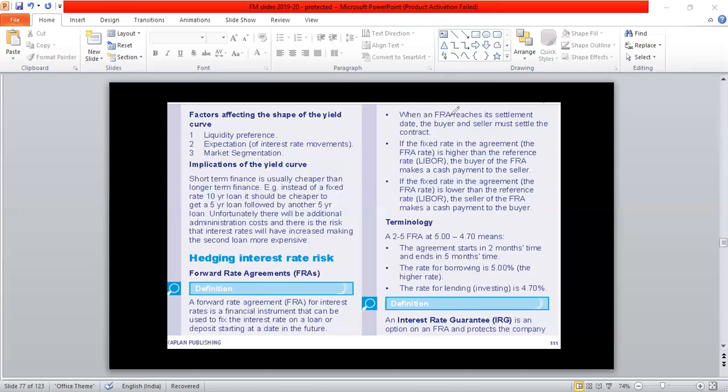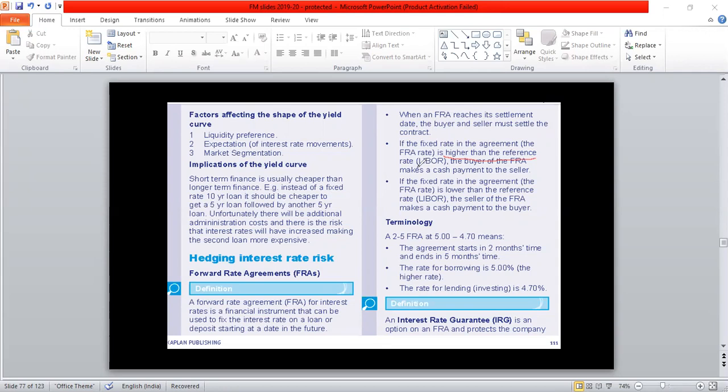When the FRA reaches its settlement date, the buyer and seller must settle the contract. When the fixed rate in the agreement is higher than the reference rate prevailing in the market, this is based on LIBOR. LIBOR is the London Interbank Offered Rate.